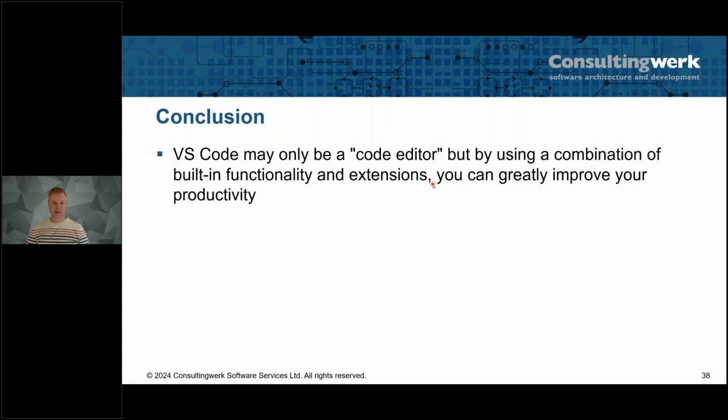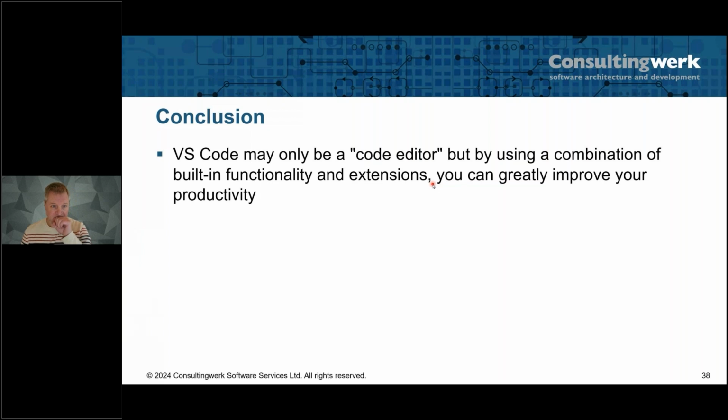Again, there's not just the extensions that provide stuff, but even the base functionality, right? The tasks, the launch configurations, and even just the base ABL extension lets you automate a lot, lets you do a lot, and lets you, I think, just write better code more productively.